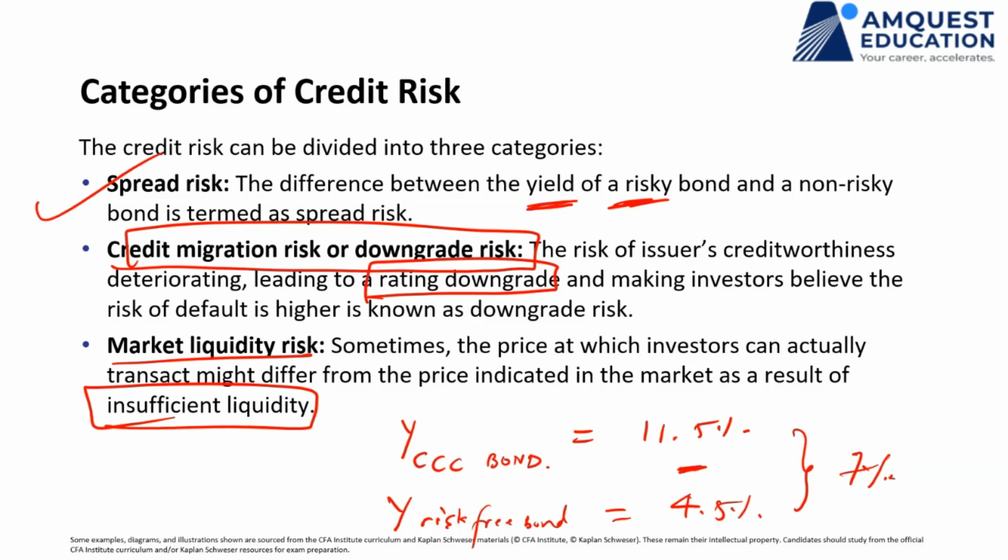Anything on any of these three elements of risk? Okay. Remember, these are the building blocks of credit risk. If we are not able to understand the building blocks of credit risk, at times it becomes a problematic scenario to understand what credit risk is trying to encapsulate in itself.